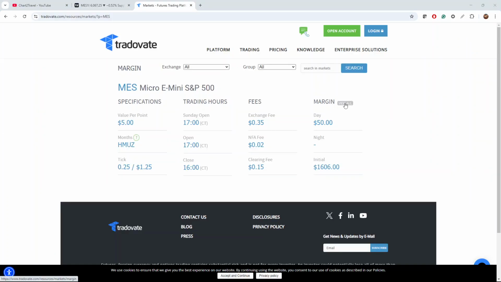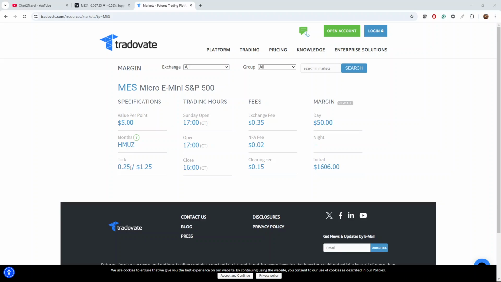So for example purposes, I'll just use MES because it has pretty simple, straightforward calculations that are easy to do and measure. The first thing you see is the value per point here on this margin table for MES. And a point is not the same as a tick. A tick is the smallest possible movement price can have on a chart.